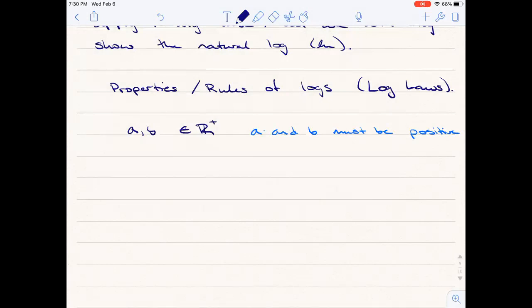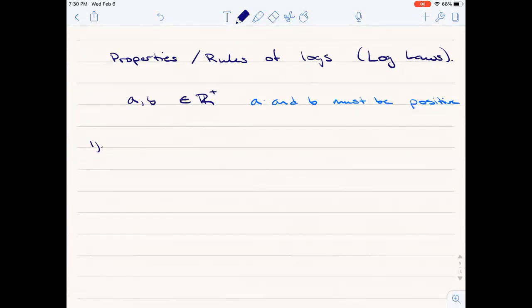First rule. The log of a to the power of b, we can rewrite, and this is really convenient, as b times the log of a. So you can see where this comes into play.